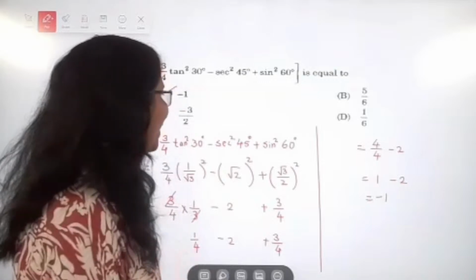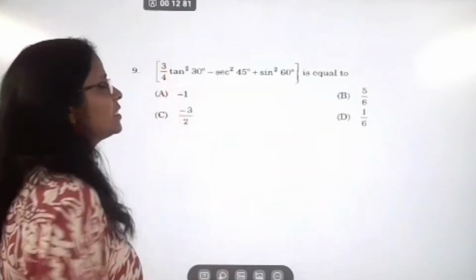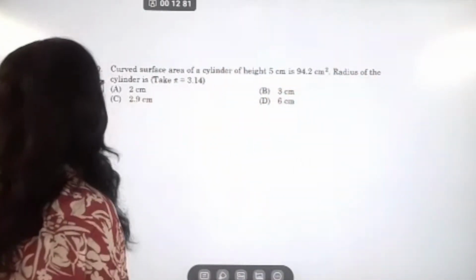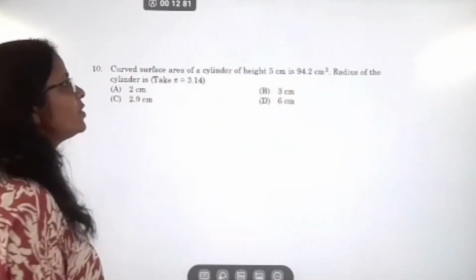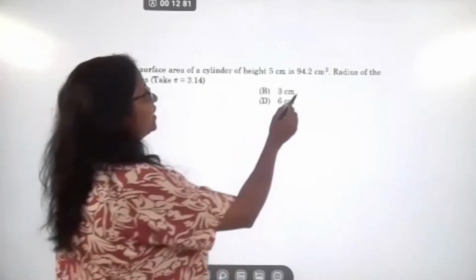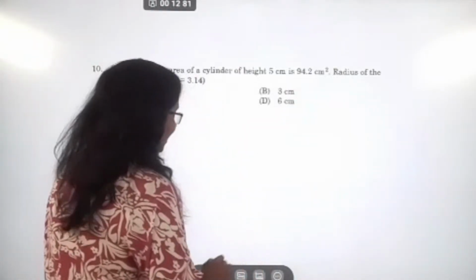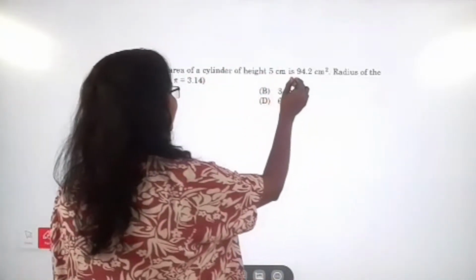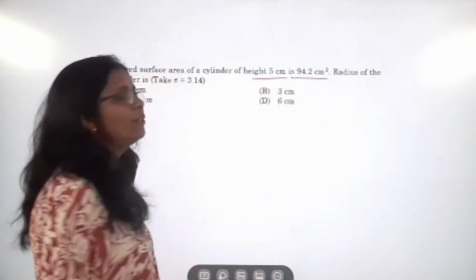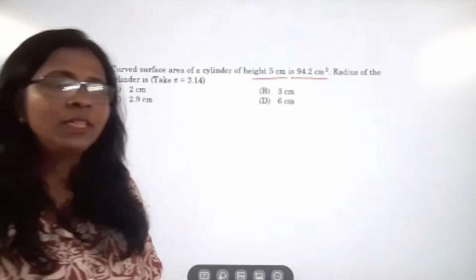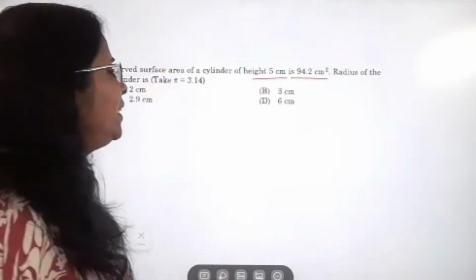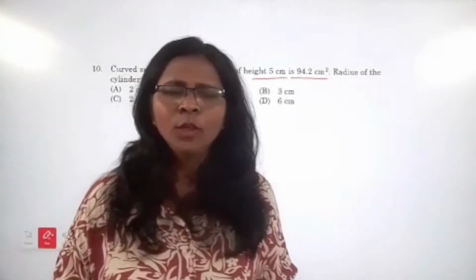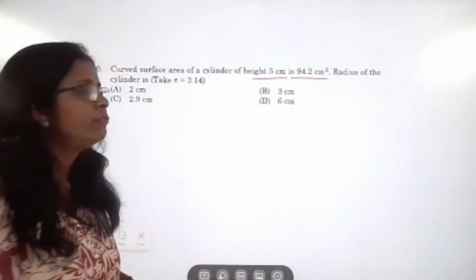Okay students, let us see the next example, the 10th example. The curved surface area of a cylinder of height 5 centimeter is 94.2 centimeter square. The radius of the cylinder is? We have to find the radius of the cylinder.